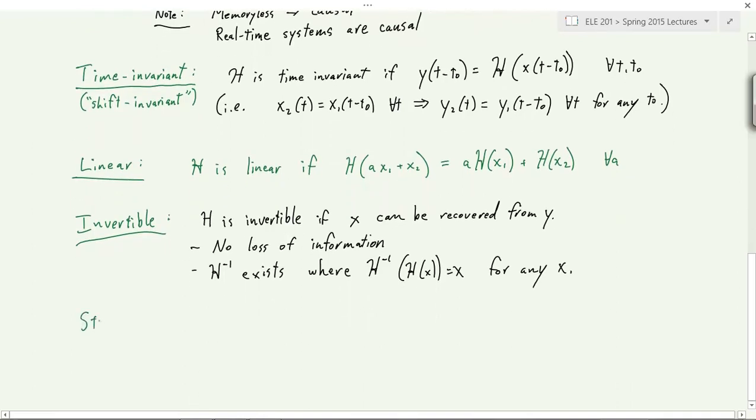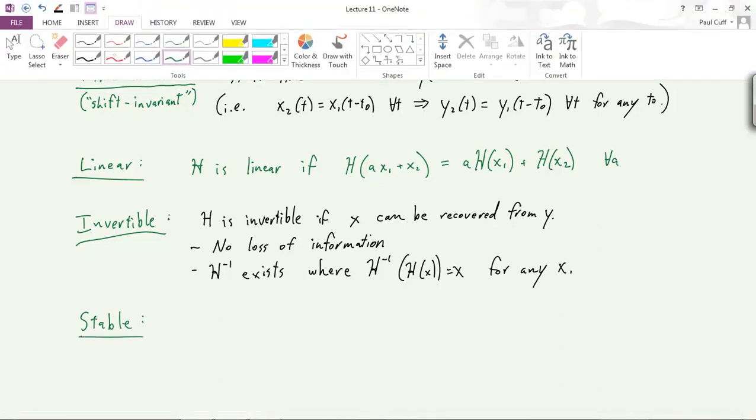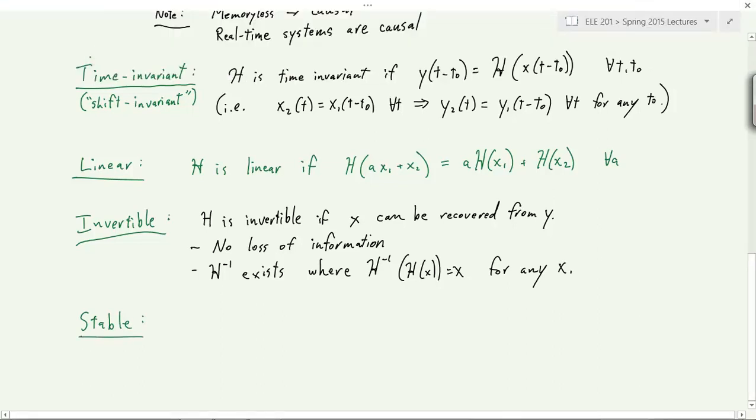And lastly, a system is stable if, really what this means is we want it to behave well for any bounded input. We don't want it to have very large outputs for bounded input. So we'd say H is stable if a bounded input always gives a bounded output.